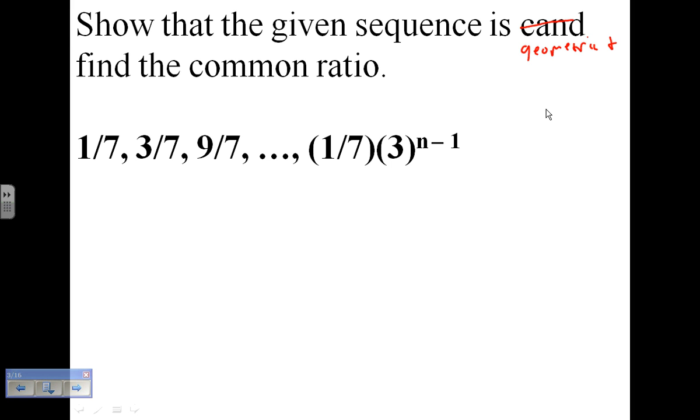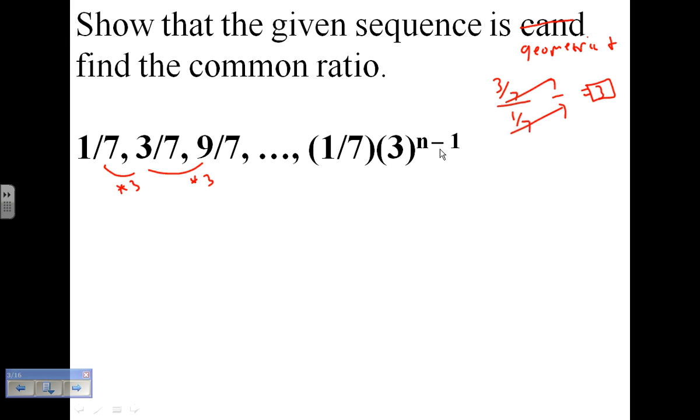What are you multiplying each one by? Well, obviously you're multiplying by 3. If you take 3/7 divided by 1/7, you can cancel out the 7s, and you end up with 3. Okay? So that's why 3 is the common ratio.